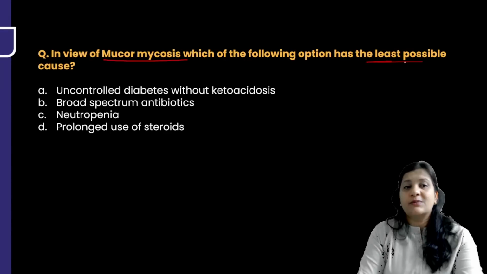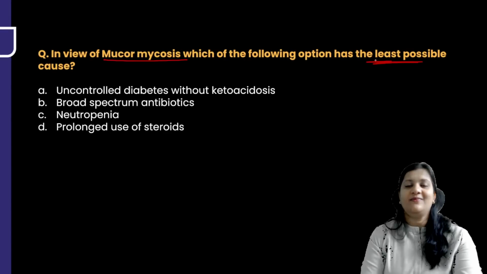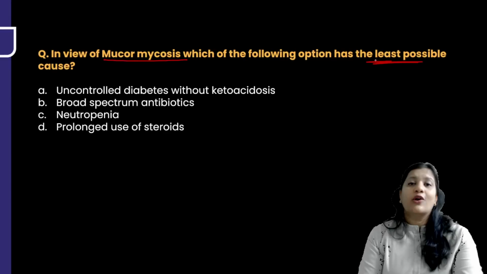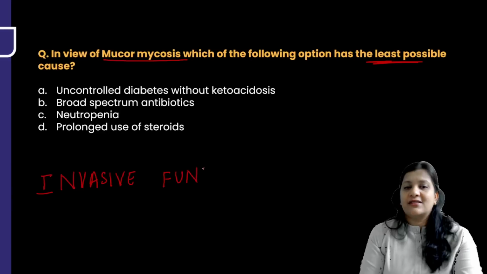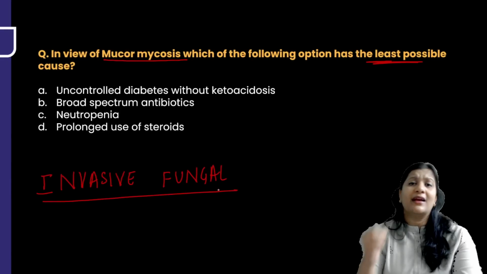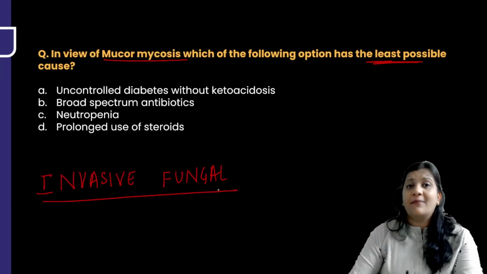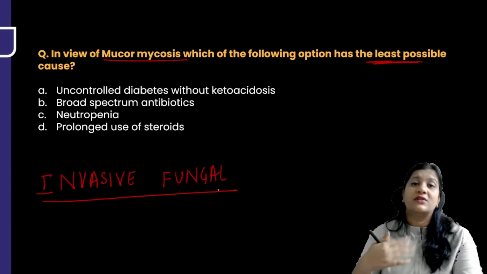So which is the least possible cause? Whenever we talk about mucormycosis, what is mucormycosis? It is an invasive fungal infection. It is not non-invasive, but an invasive fungal infection that you see typically in patients who are immunosuppressed and who are diabetic, which is uncontrolled, with or without ketoacidosis.